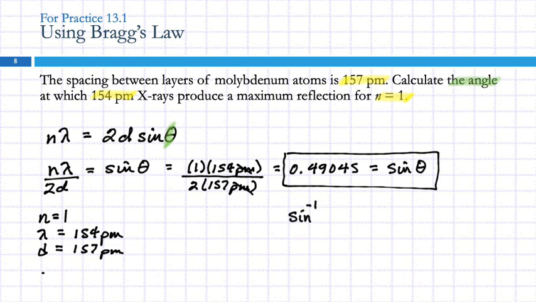Take the inverse sine of 0.49045, and that's going to give us our angle. Calculators have degrees and radians, so make sure your calculator is in degrees and not radians, or you'll get an answer in radians, and that's not what we're looking for. So theta is equal to, we'll call it 29.4 degrees. Any questions?